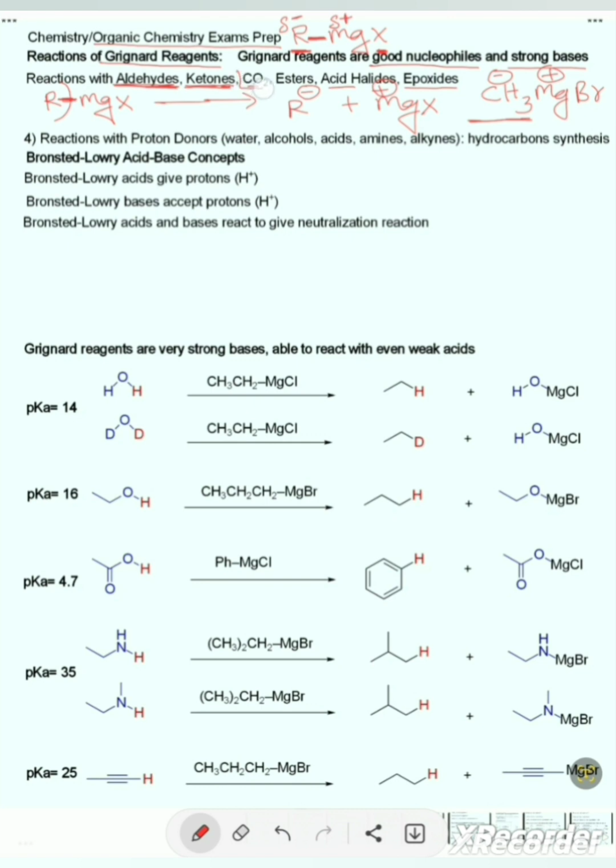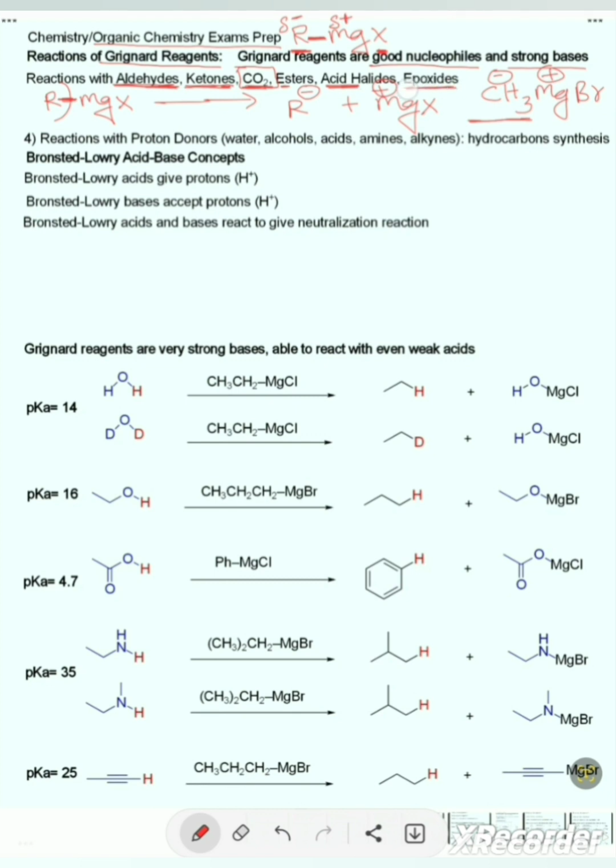The carbon dioxide, however, is different in a sense that it does not give alcohol as final product, but the product of Grignard with the carbon dioxide is a carboxylic acid. Now for the esters and acid halides, because they got a very good leaving group in them, therefore the Grignard reagents would add twice to give tertiary alcohols.